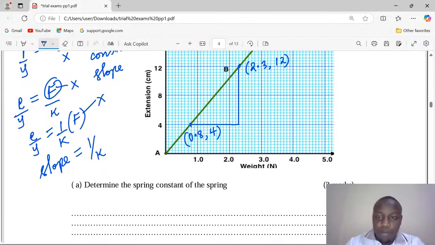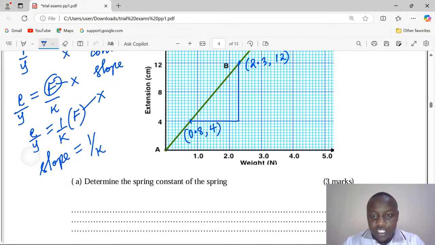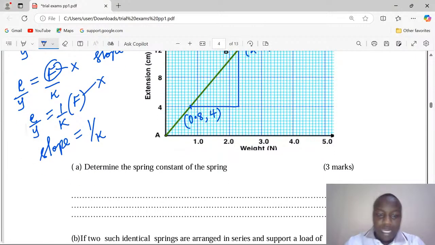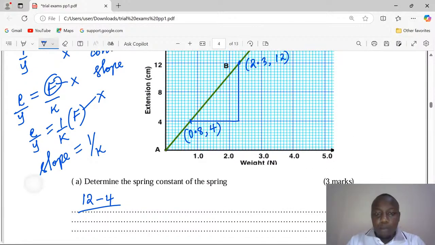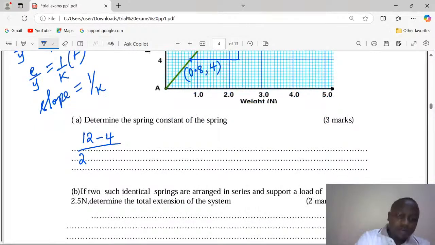For us to get the slope, we need to take change in y over change in x. So 12 minus 4 divided by 2.3 minus 0.8.